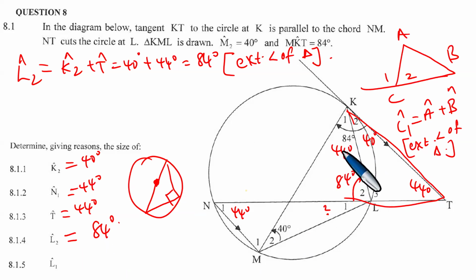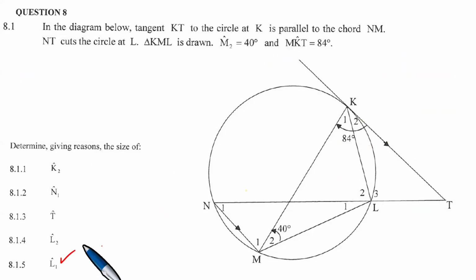So it's a triangle, with 44, 40, and only this one left, because you already know L2 is 84. So to find L1, this one is 84, this one is 44, and this one is 40. It's only this one we want.